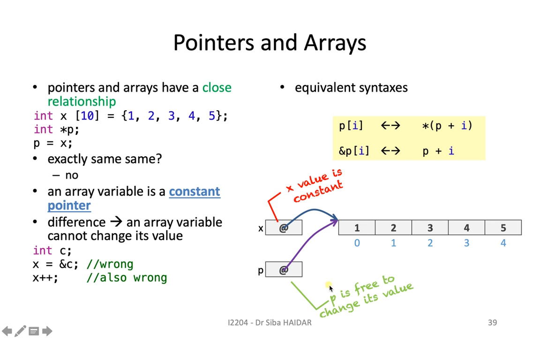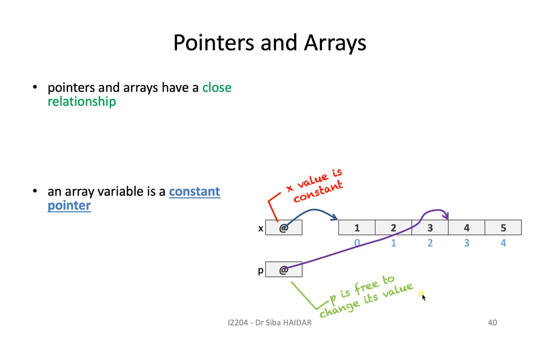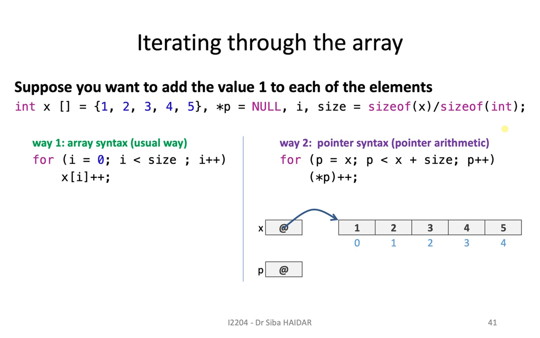However, p is free to change its value. You can increment p or decrement it to point to the next integer or the previous integer inside the array. So here we say that p is a pointer that iterates the array.